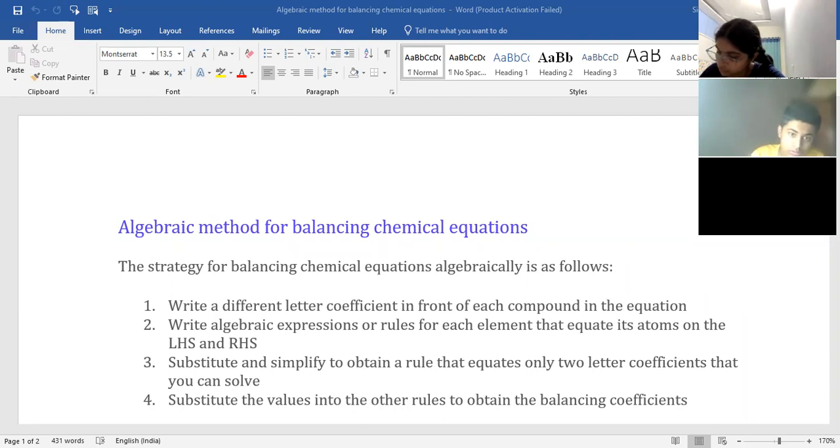And the last one is to substitute the values obtained by solving the algebraic expressions into the equation from step number 1. So these are the 4 rules which we'll follow in the algebraic method.